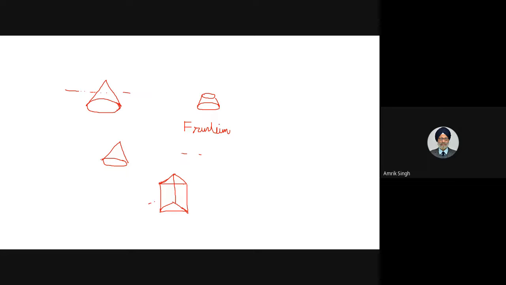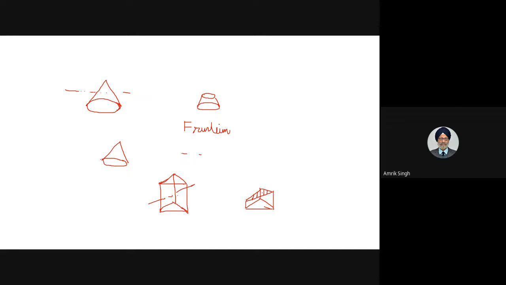If I cut it at a plane which is inclined, okay? So what kind of figure will I get? I will get this as base, and then at some height it will be like this, and at some height like this. I join this. So this will be the cut portion.